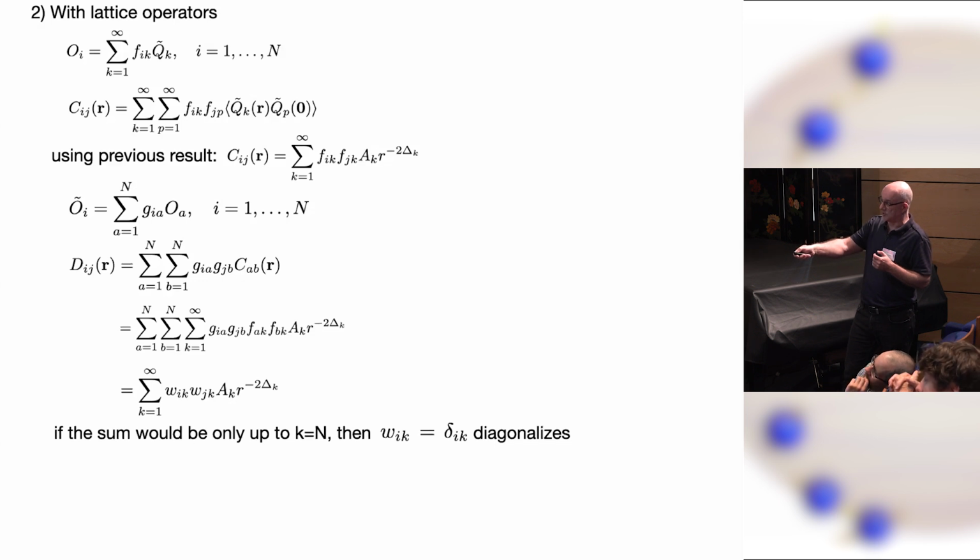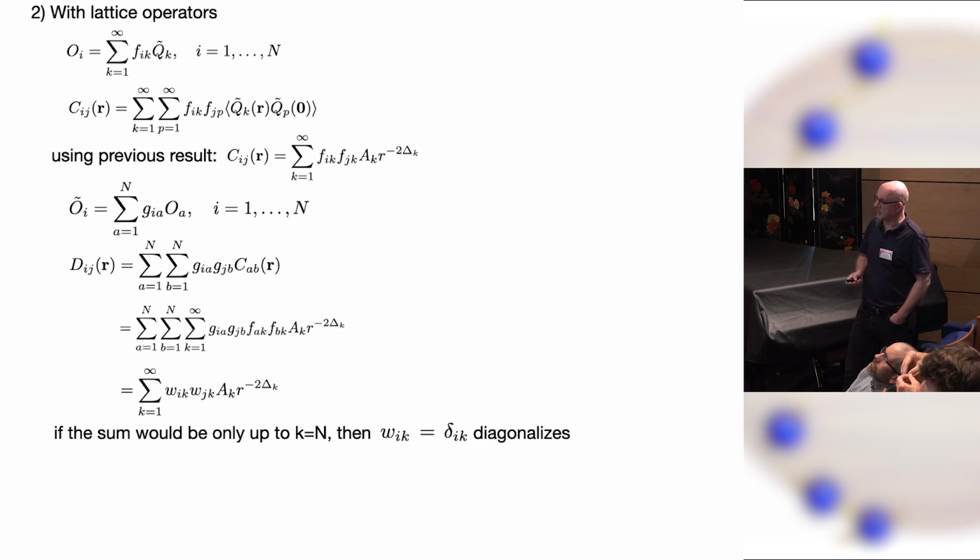Then I can just look at the covariance matrix of those. And if I use the previous result, I can replace that correlation function, which now is diagonal, and then I can just work from there. Eventually, you see that there's a very easy way to diagonalize the covariance matrix once I use that result.